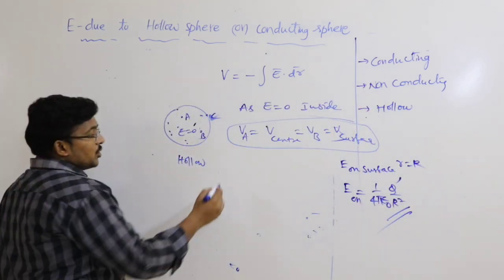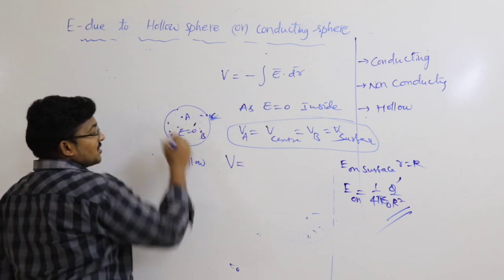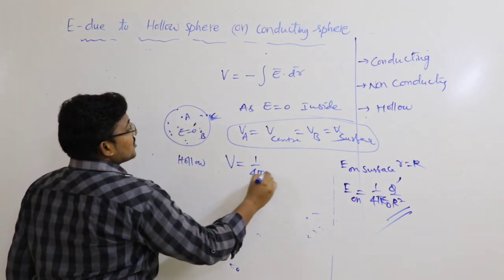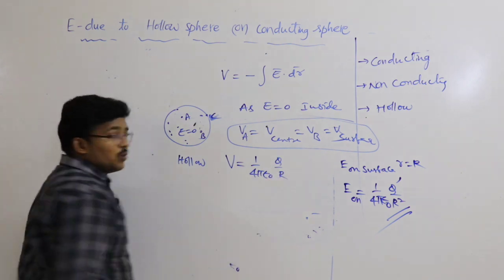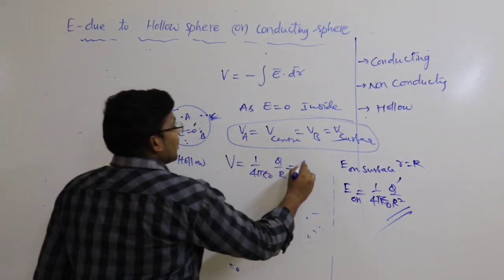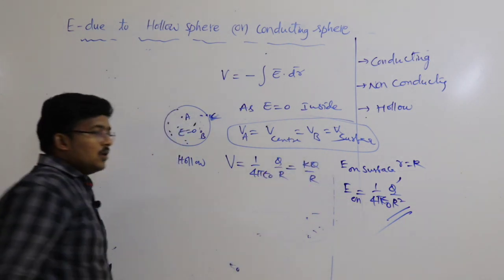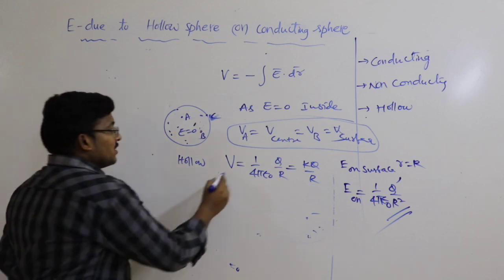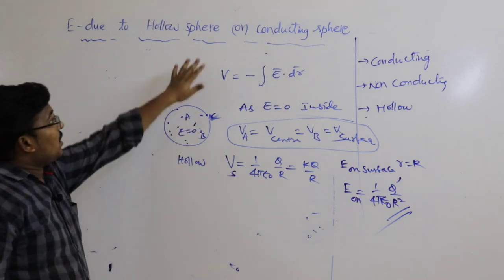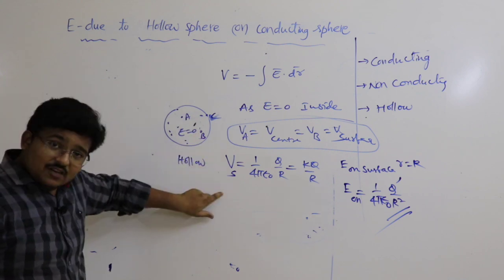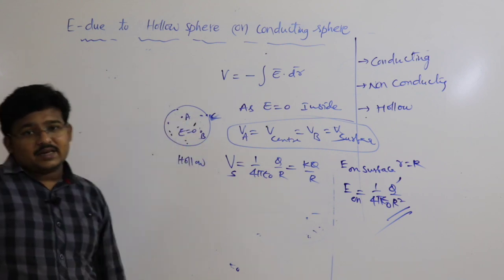Now you know that due to the sphere the potential is 1 by 4 pi epsilon naught q by r, that is k q by r. So this is the potential due to the hollow sphere on the surface and also inside.